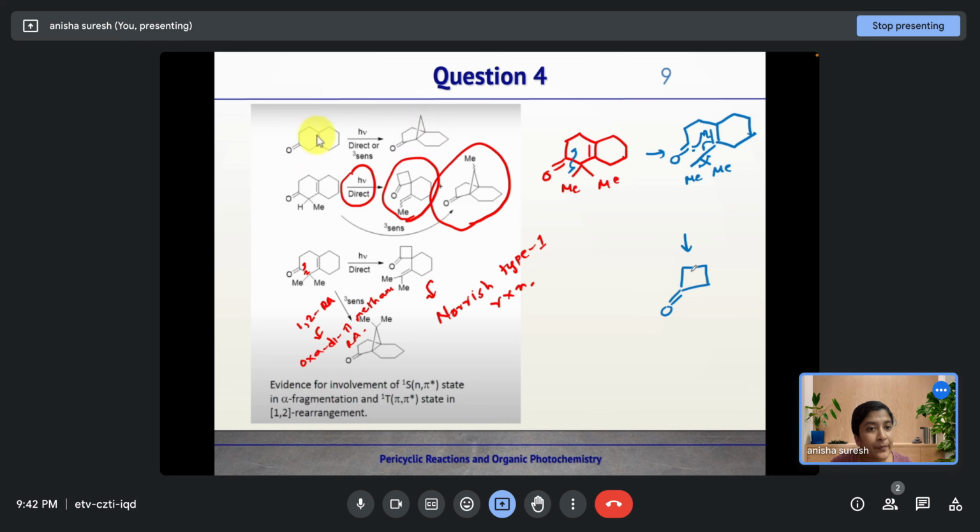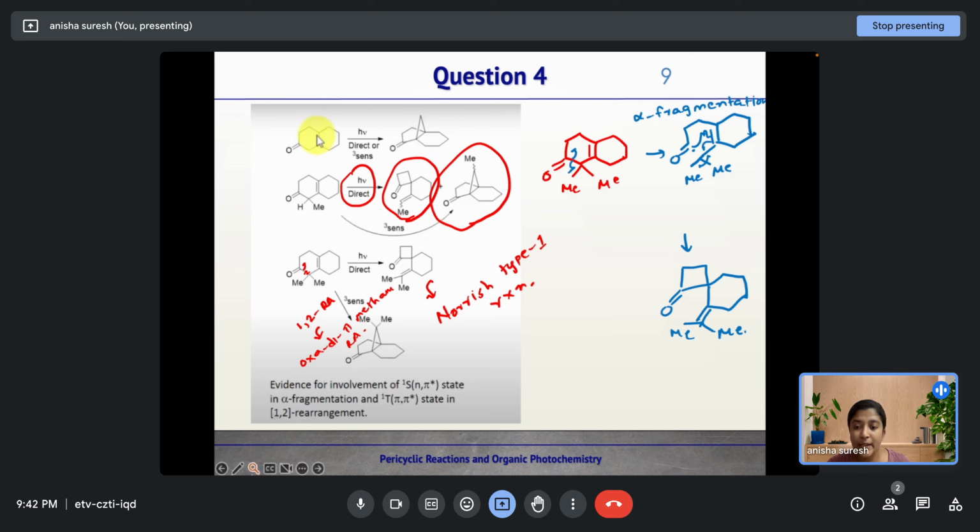This is the cyclobutanone that will be formed. And this will be the product formed after alpha fragmentation.